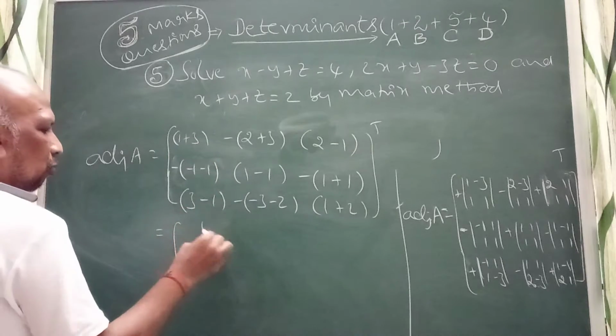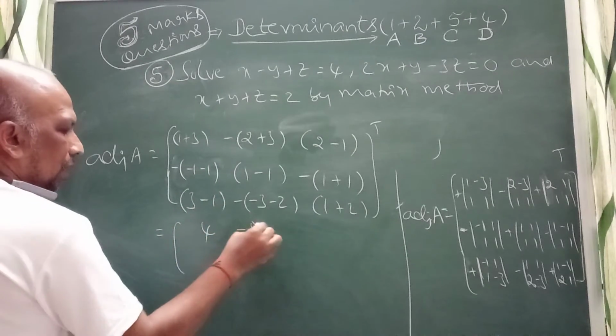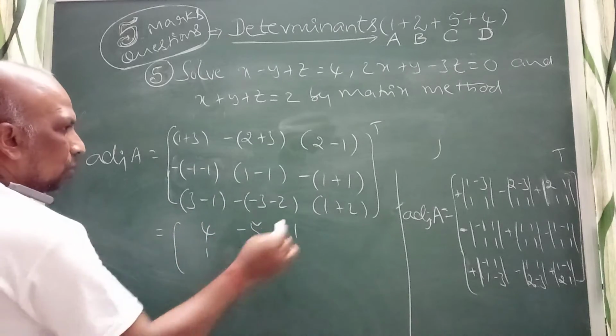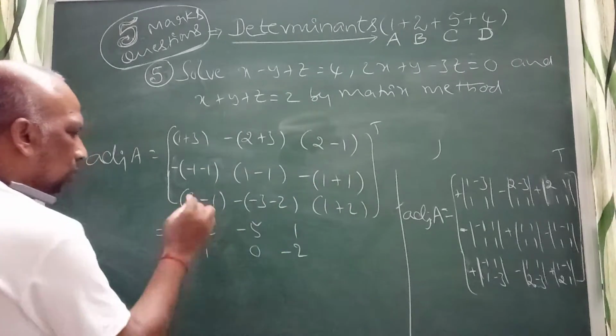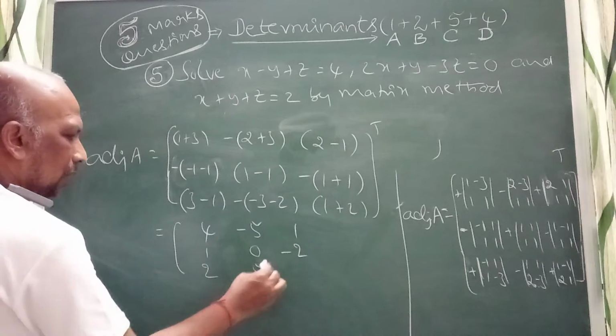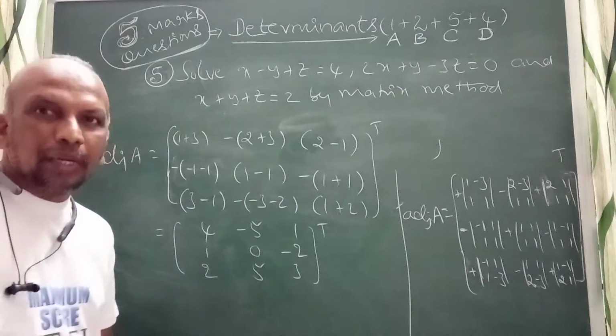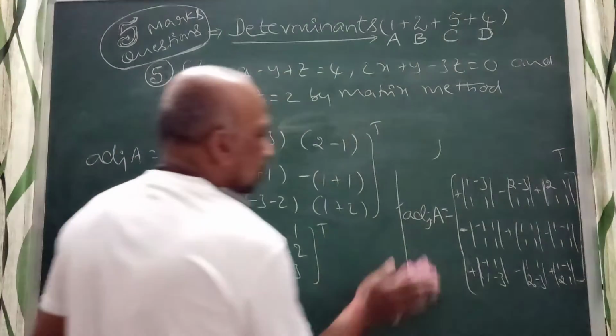I will get 4 minus 5 1, 1 0 minus 2, 2 5 3, transpose of this, correct. I should write the transpose of this.